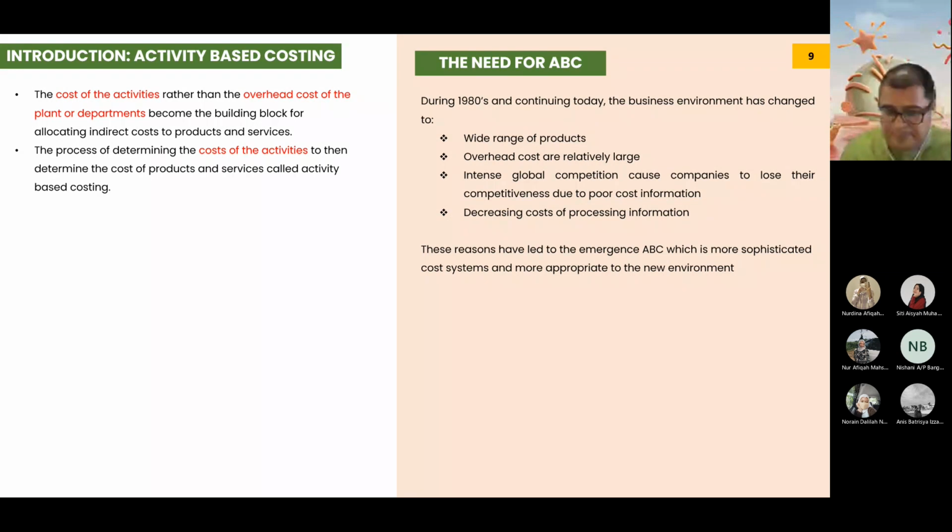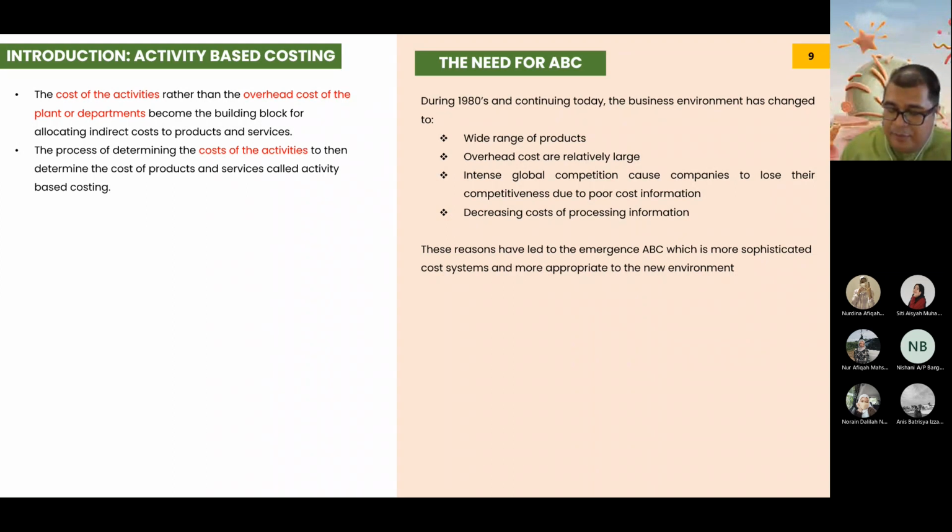So because of that, maybe their product is easier to sell as compared with our product, because they dah charge cantik-cantik dah.